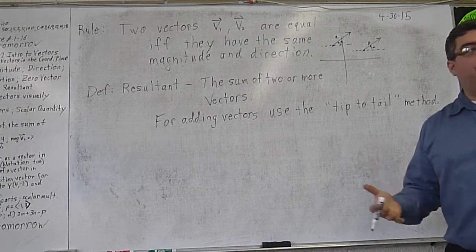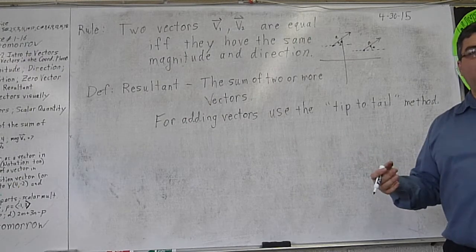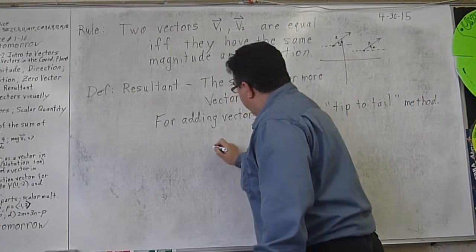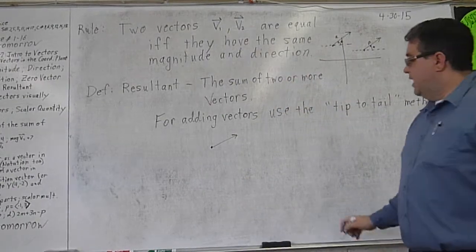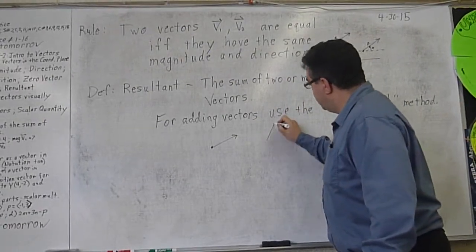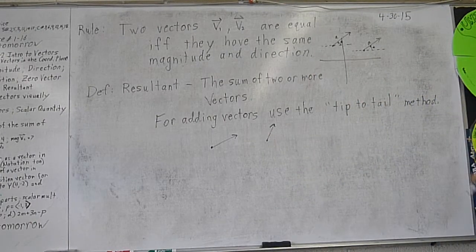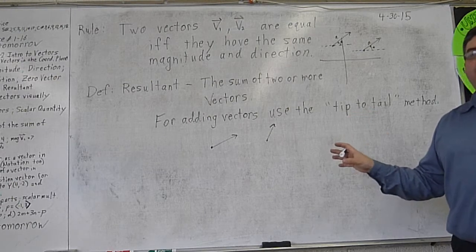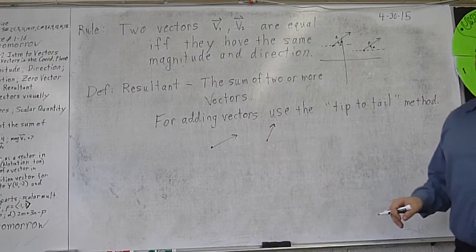Something that you're going to have to be able to recognize visually on the quiz is this method. So if I give you one random vector here, and I give you another random vector there, and I ask you to add these two vectors, the way you do it is you pick up one of them and you put its tail at the tip of the other.